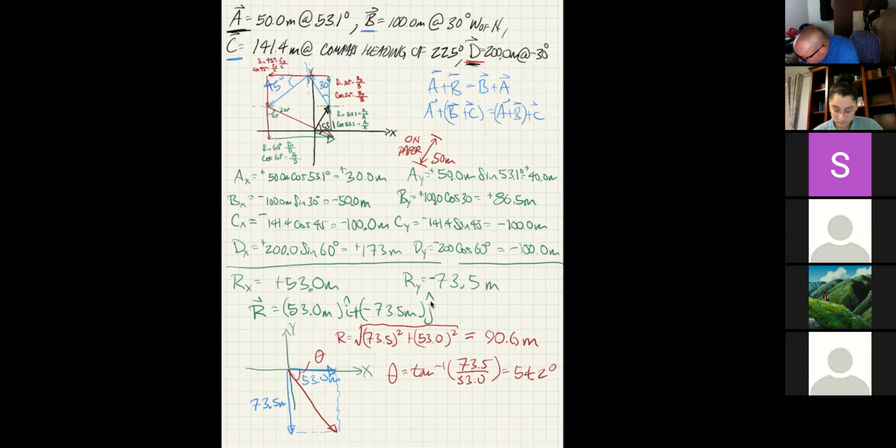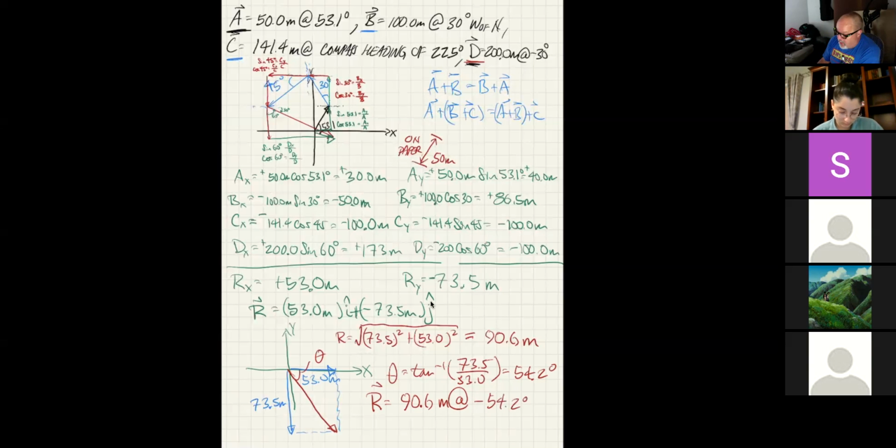So another way of writing R is equal to 90.6 meters at, since I have this drawing, I can just say at theta equals 54.2 degrees, or I can go ahead and say negative 54.2 degrees.